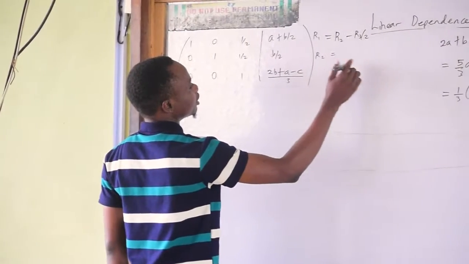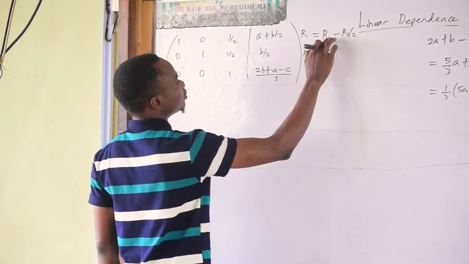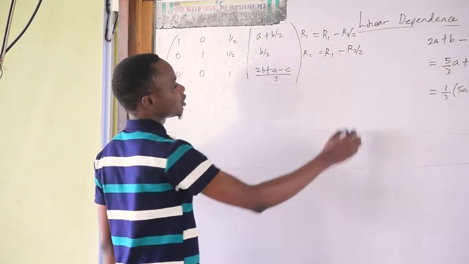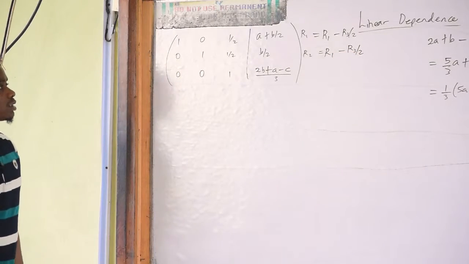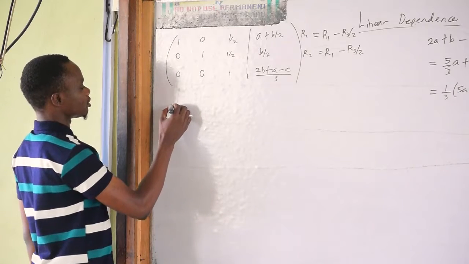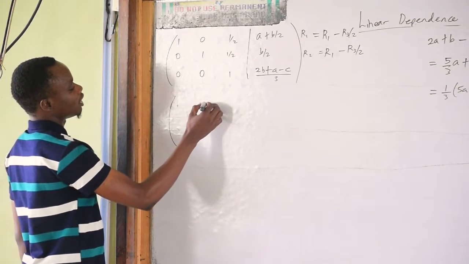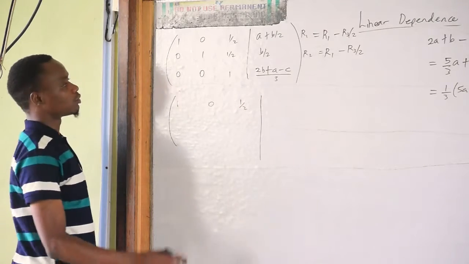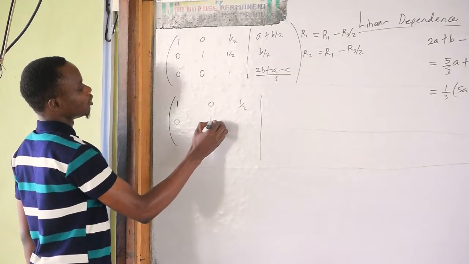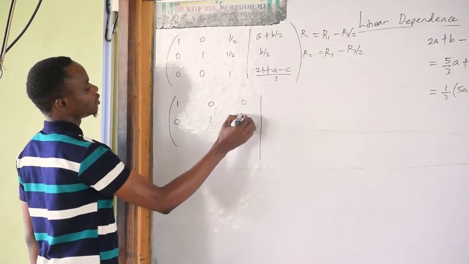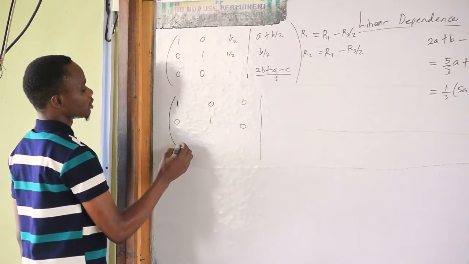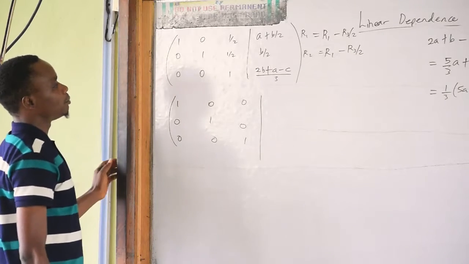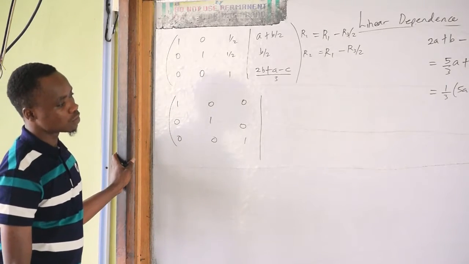You get it? So R1 minus R3 over 2. Yes, right? So this is the property. This gives us 1 over 2. You understand what I'm doing? Half A plus B over 2, that will be what?